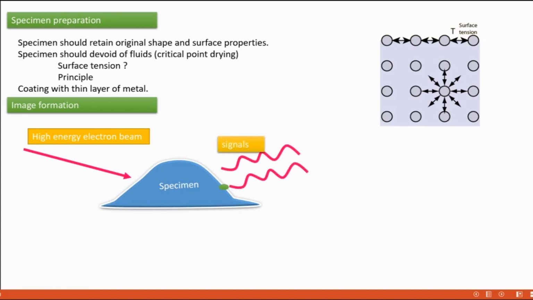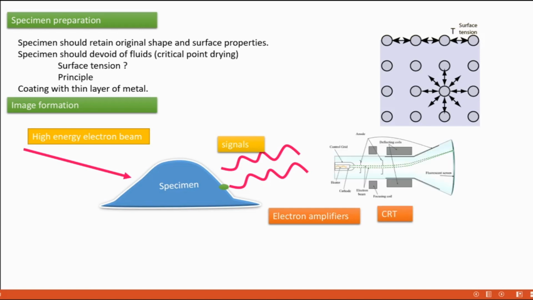These signals are amplified by electron amplifiers and we get an intensified signal, which is then observed on a CRT, cathode ray tube. In the cathode ray tube, there is a fluorescent screen, and on the screen we get the image, and this image is nothing but the distribution map of intensity of signal based on the shape and the nature of the surface.